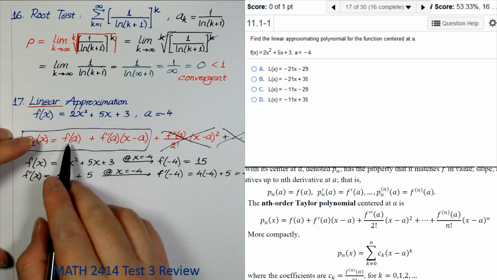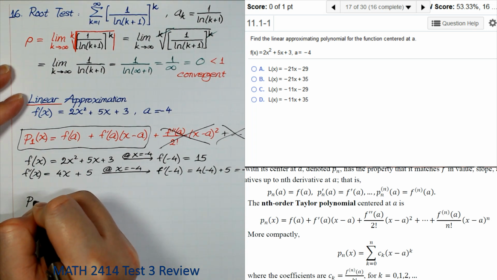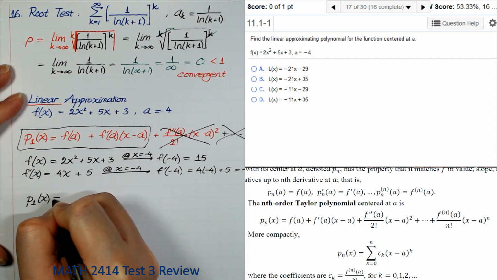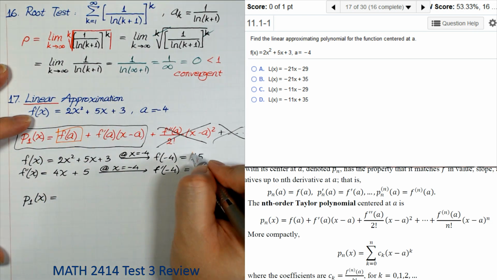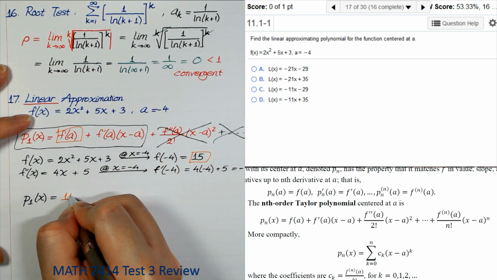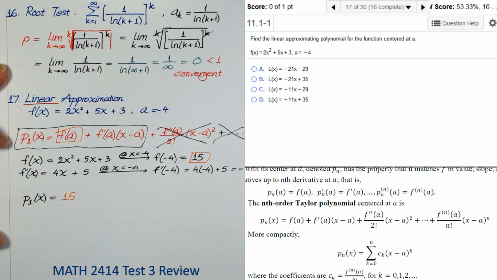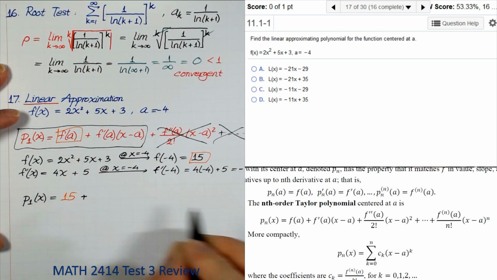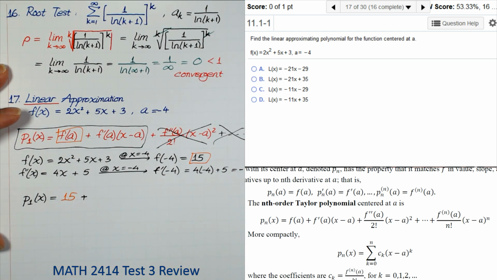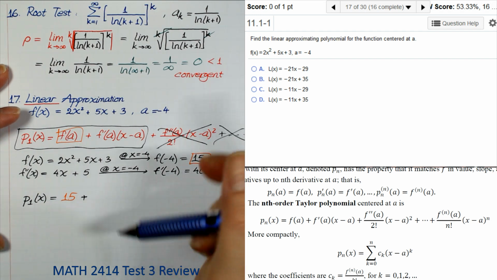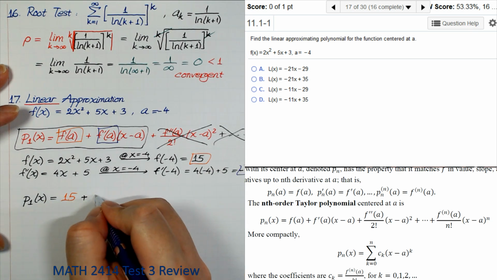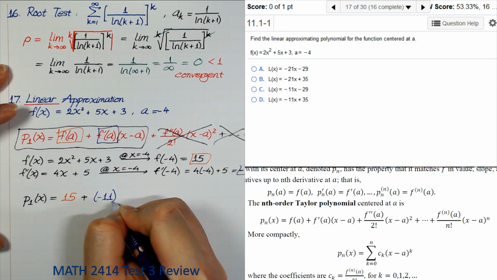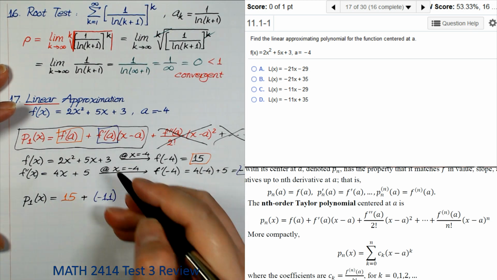Right, so we substitute this back in here. Value of the function 15, and then value of the derivative, this is exactly like the Taylor series that we'll do later.